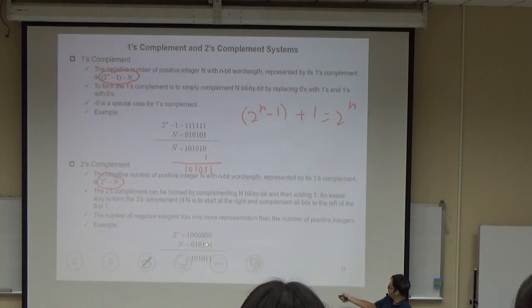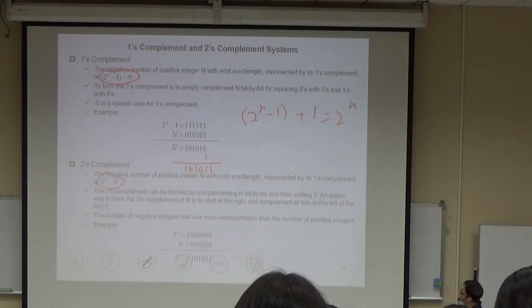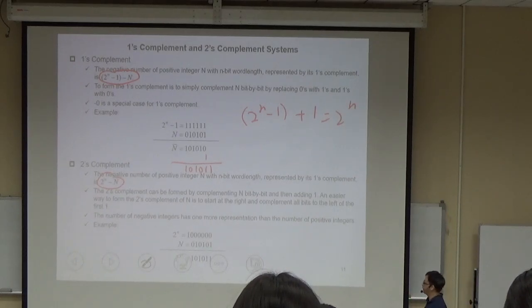So this becomes 0, 0 becomes 1, 1 becomes 0. That's this sentence about. Maybe an example will make it clearer.